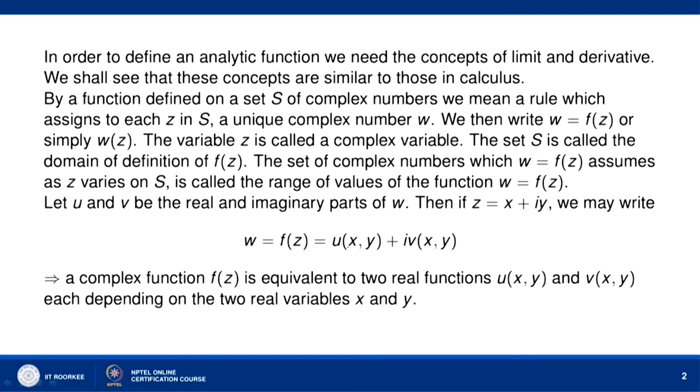So, in general the real and imaginary parts of w, that is u and v, are functions of x and y, and we therefore write w equal to u(x,y) plus i v(x,y). By this we can say that a complex function f(z) is equivalent to two real functions u(x,y) and v(x,y), each depending on two real variables x and y.